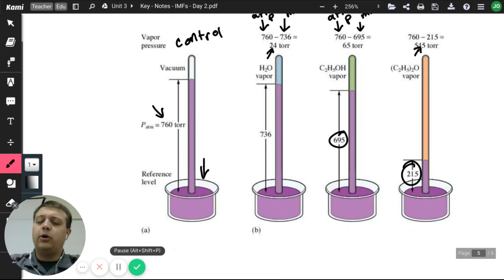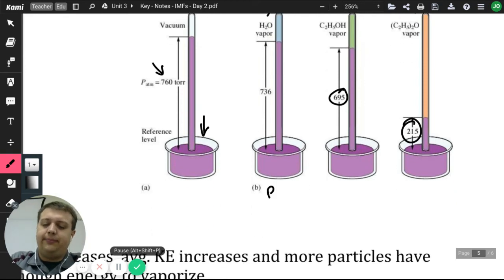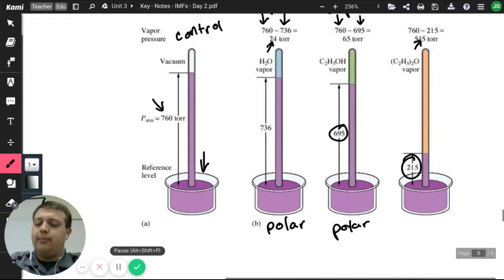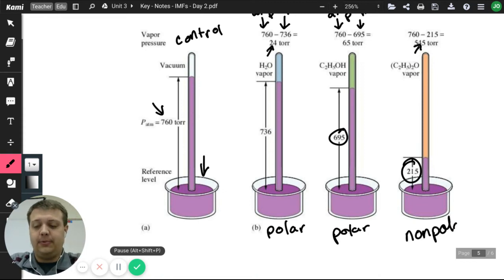Okay. So if I were to draw out each of these structures, what I would find is that water and ethanol are polar, and diethyl ether, sorry, I'm having trouble saying that apparently today. So our diethyl ether is going to actually be nonpolar.